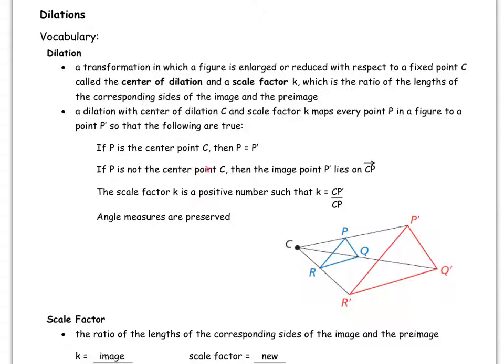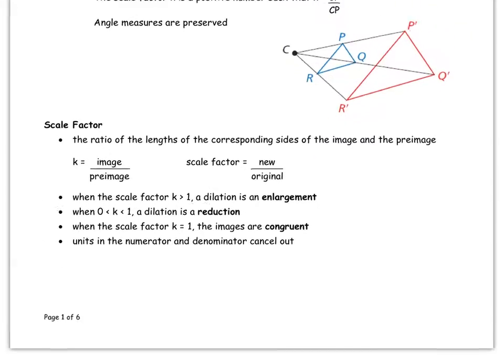If P is not the center point C, then the image point P prime lies on ray CP. The scale factor K is a positive number such that K will be equal to CP prime divided by CP. All angle measures are going to be preserved.